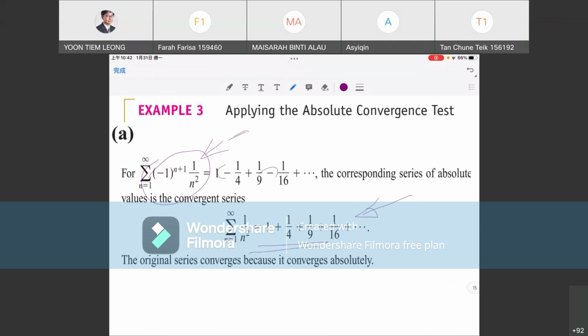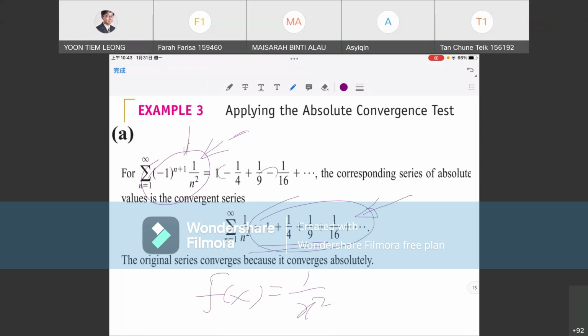So this is the absolute version of the alternating series, and you can prove this series to be convergent by mapping it to a function of 1 over, I think here, x squared, right? So we have seen this already.